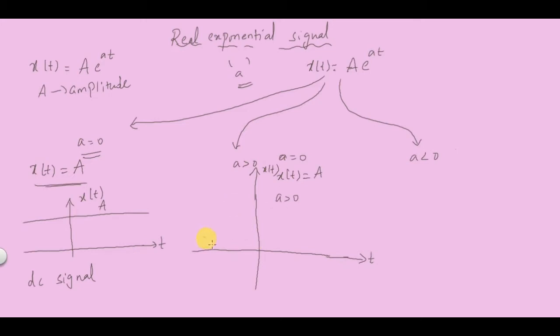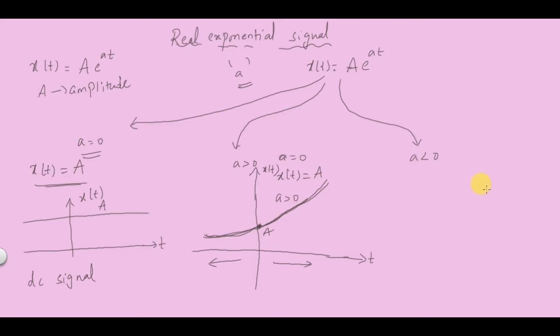If you draw this, the value at zero is A. For positive time it increases with increase in time, and for negative values it decreases with increase in negative time. So for increasing positive values it increases exponentially.